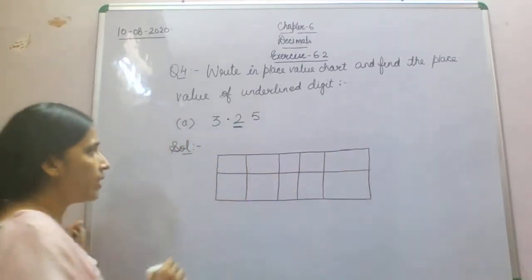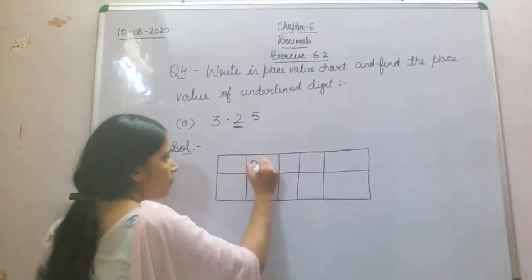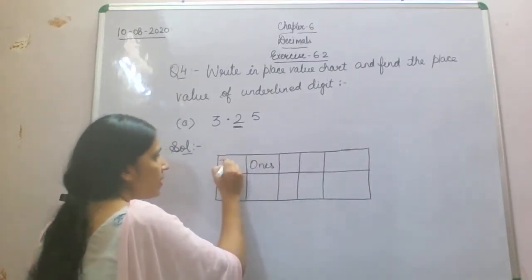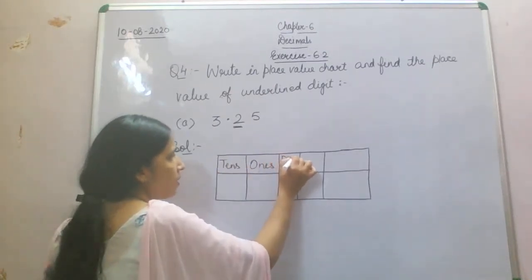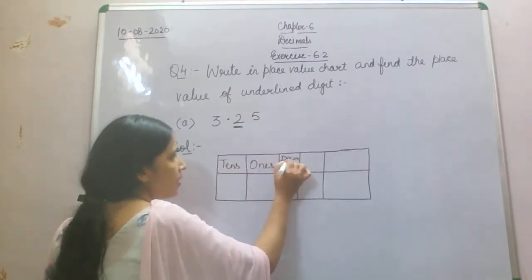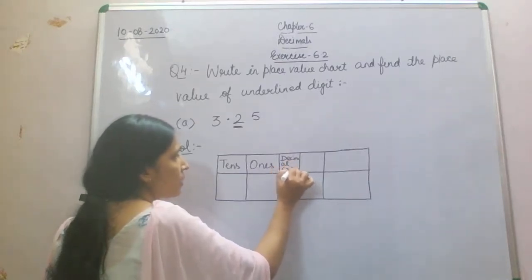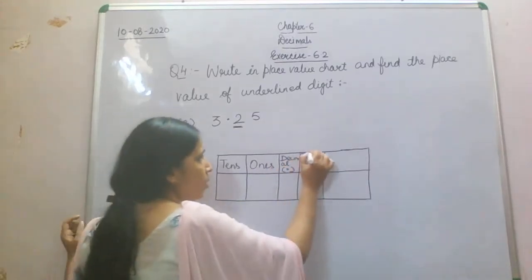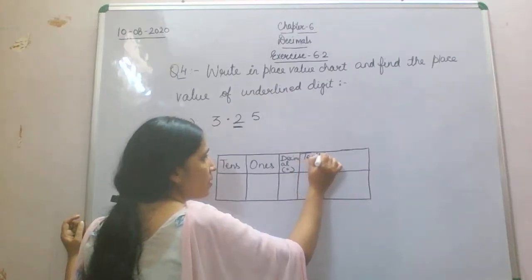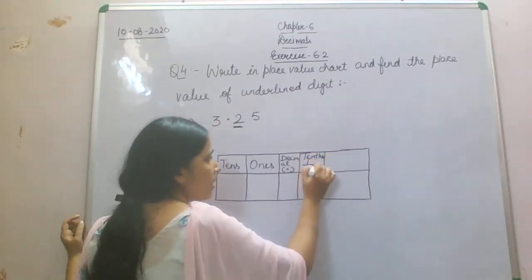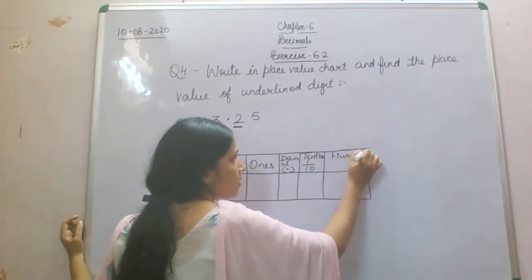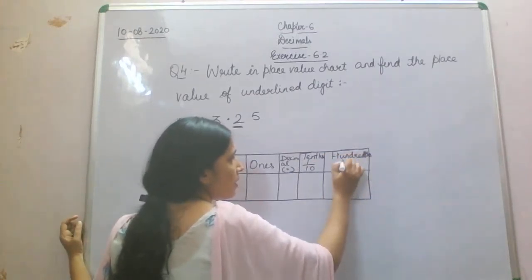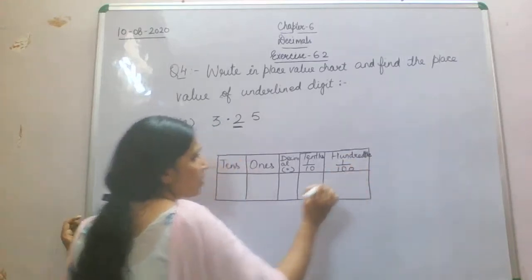So here we'll write ones, then we will write tens, then here will be your decimal point. Now tenths, 1 by 10, and this is your hundredths, that is 1 by 100.